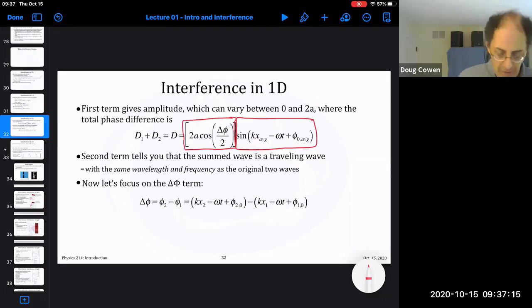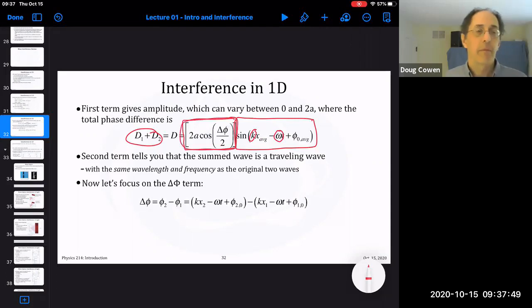Furthermore, it has the same wave number k, so the same wavelength and the same frequency as the original two traveling waves. So the sum of these two waves, D1 plus D2, gives you a traveling wave. It has the same wavelength and frequency as the two contributing waves, but it has a different amplitude.